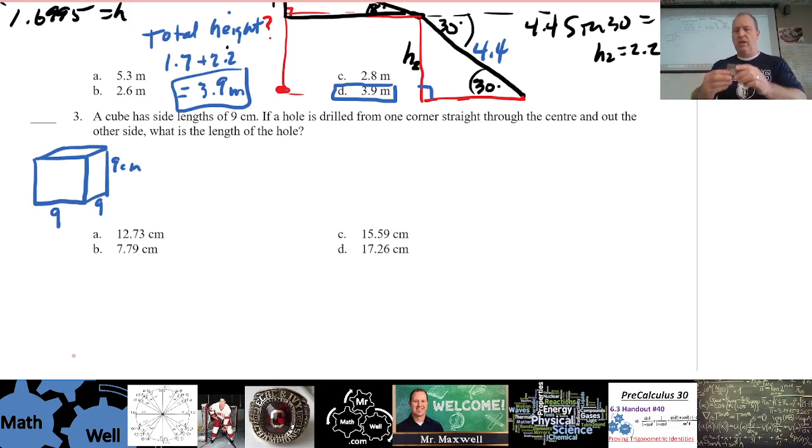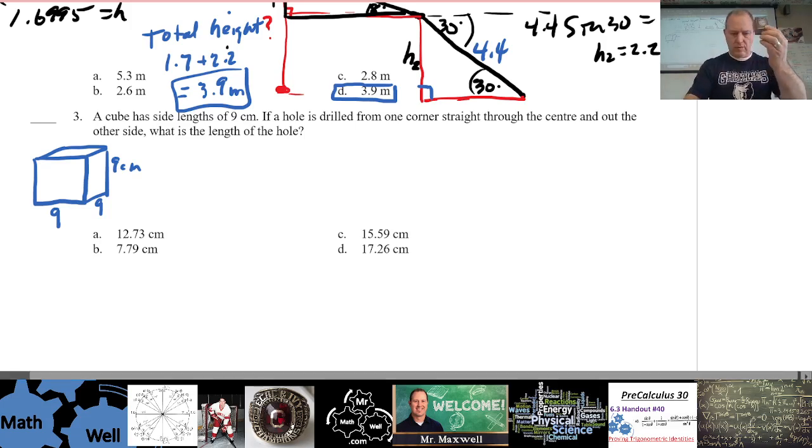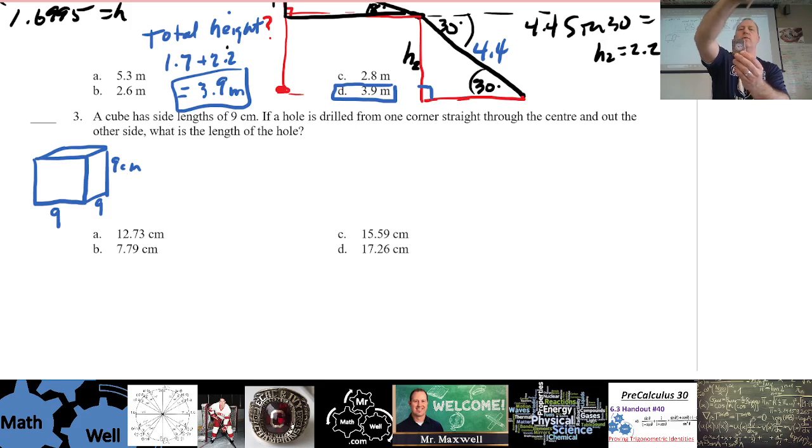Okay, so let's say this is a cube. What we're doing is drilling from one corner, let's say this front corner, all the way through the middle, out this back corner here, on an angle. So it's got to go right through the middle, from one corner to the other side.